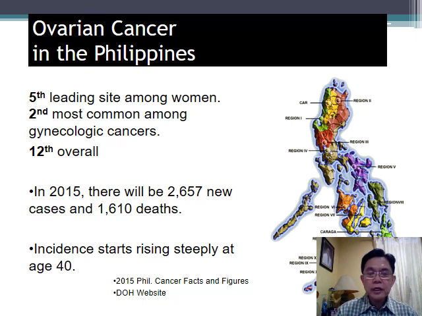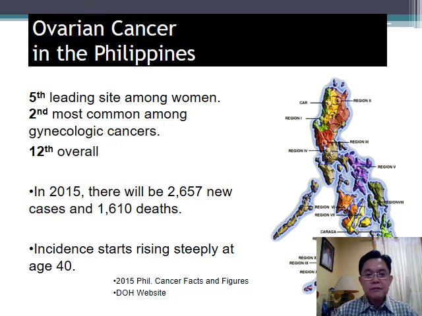This is more or less the statistical data based on the Philippine Cancer Facts and Estimates of 2015. In the Philippines, ovarian cancer is the 5th leading site among women, the second most common among gynecological cancers, which I have also mentioned previously. And if you consider both males and females, it ranks about 12th overall.